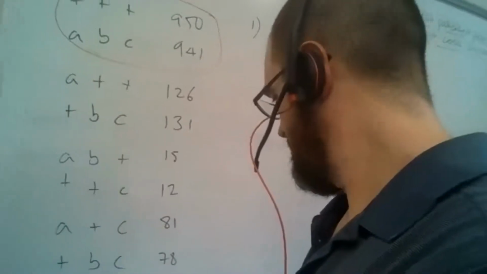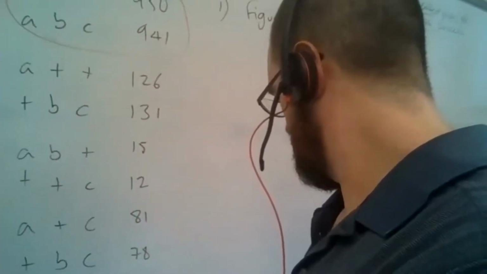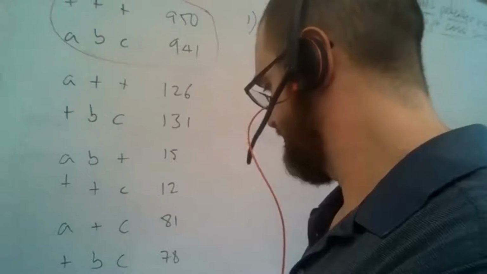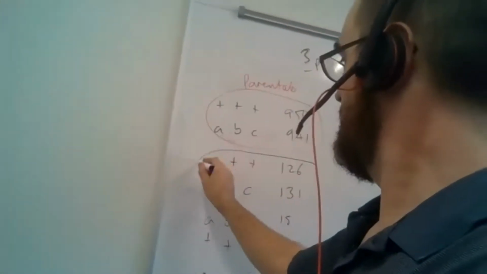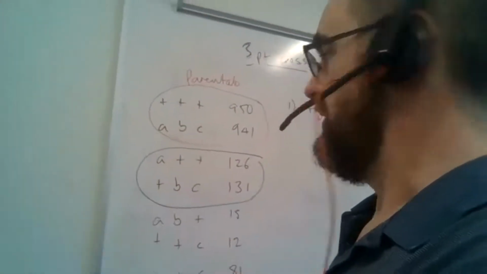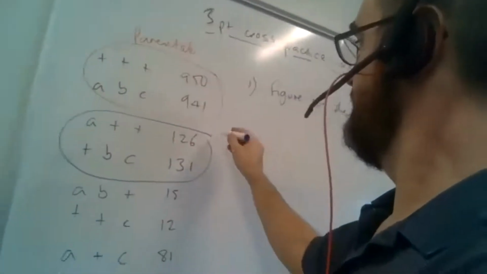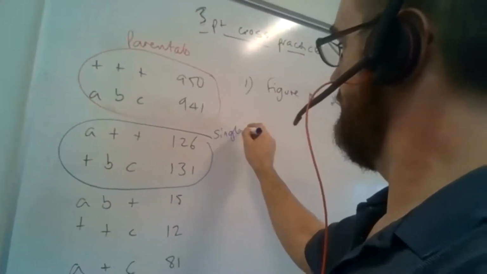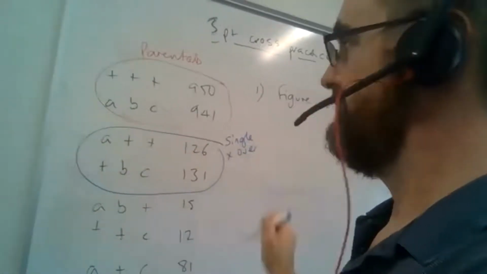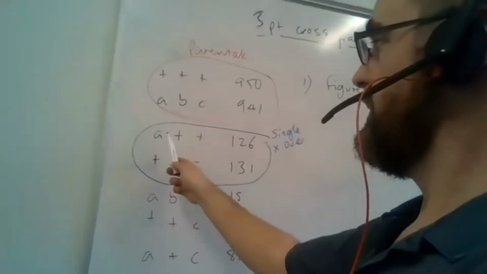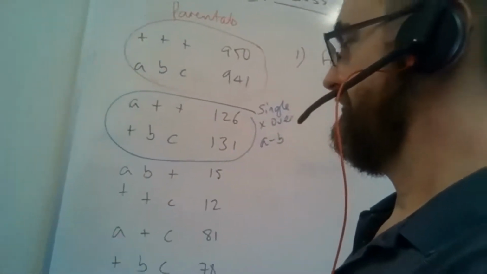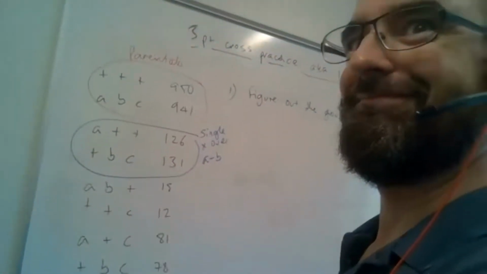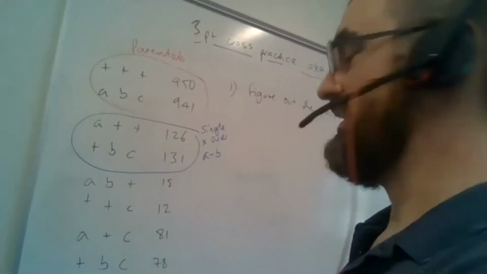Hey, actually, I've got 3 different colors here. Next group. This is going to be single crossover. There's going to be a single crossover between A and B. This is where it gets a little complicated.